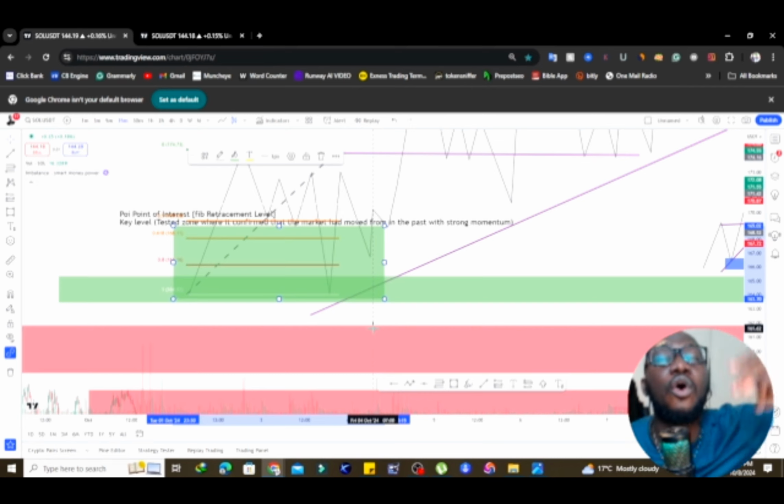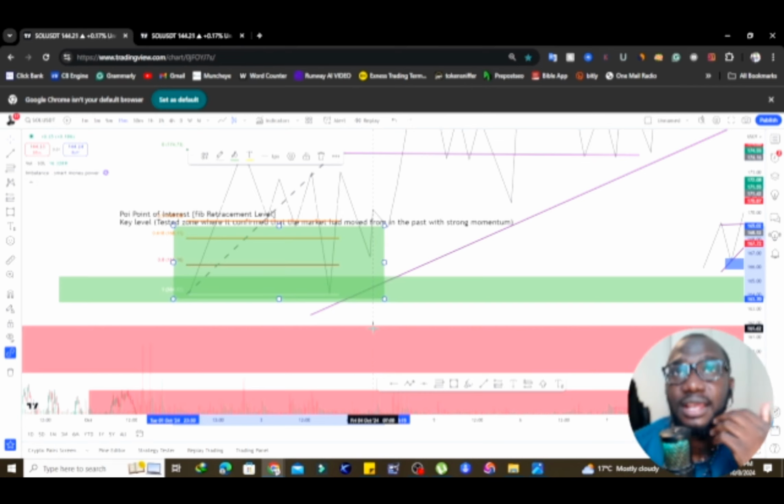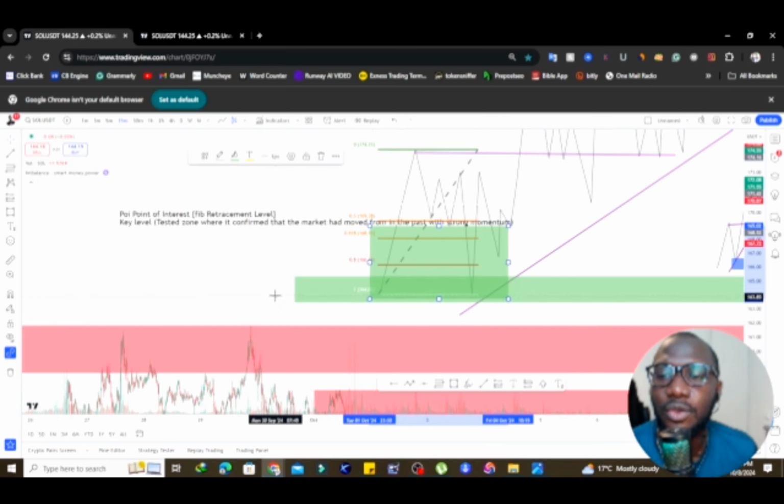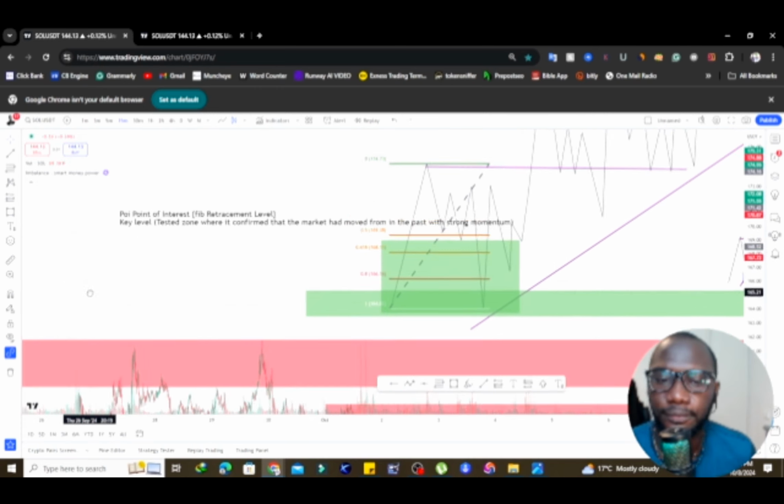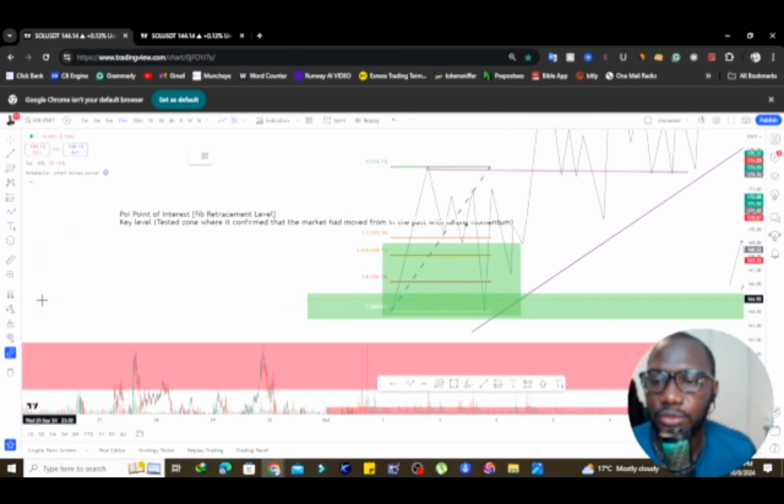And there are times that it will go up very far and not even retrace until later. The market can just range, and then it becomes a supply and demand move. I don't want to go there. We call it base and up. For people that are advanced traders, they understand what I'm trying to explain.